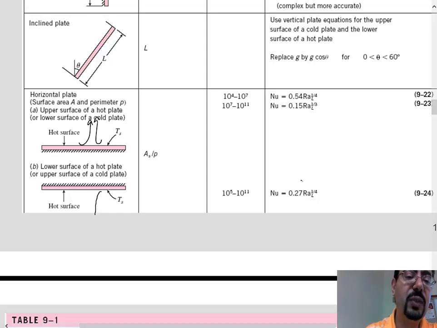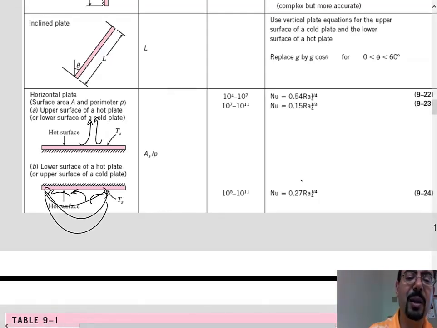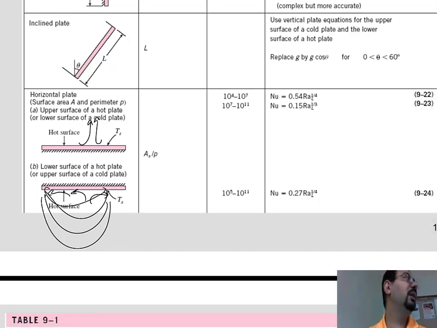But if the hot surface is facing down, what will happen? It's trapped. The air will get hot and it will just basically stay there, and the surface will get hotter and hotter because the boundary layer will get bigger and bigger. So in your house, in the summer, you would like to send the cold air up so that it falls down on you, right?